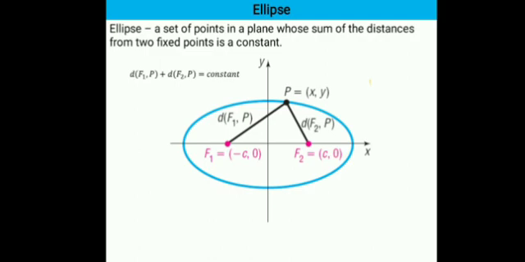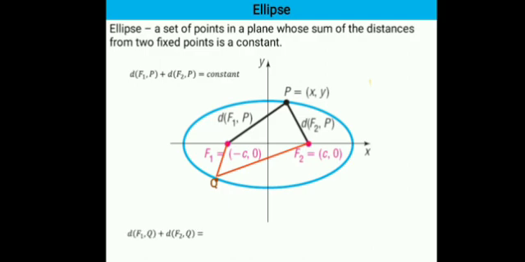Say for example that the distance of the first point or first focus, which is F1, going to a point P in the ellipse, plus the distance of the second focus going to point P is always a constant. Same manner, when there's a point, let's say point Q, connected again to your first focus, and another line connecting to your second focus.